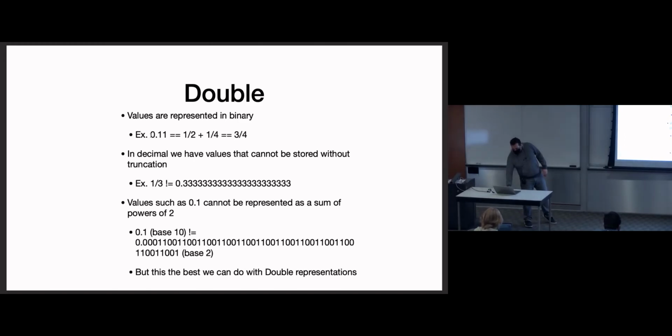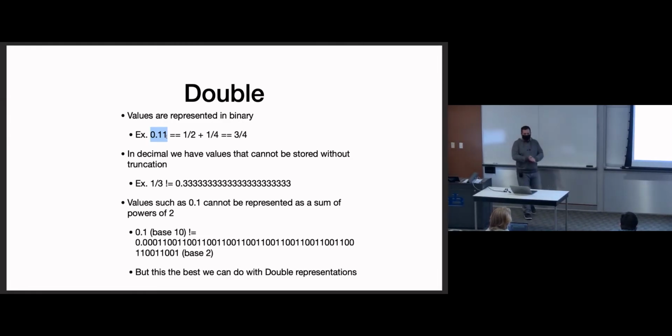Binary values, binary fractions, are represented very similarly to decimal or base 10 fractions. If we have the value 0.11 in binary, this is saying 1/2, we have the halves place, plus 1/4, we have the 1/4 place, which is going to be 3/4.